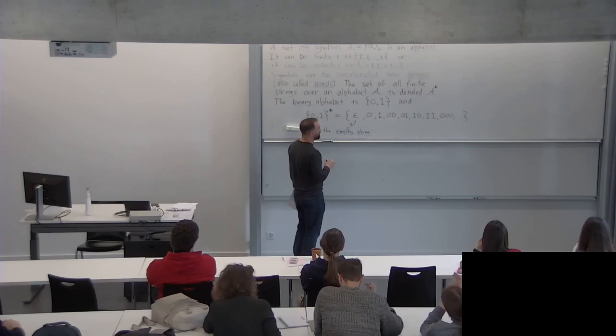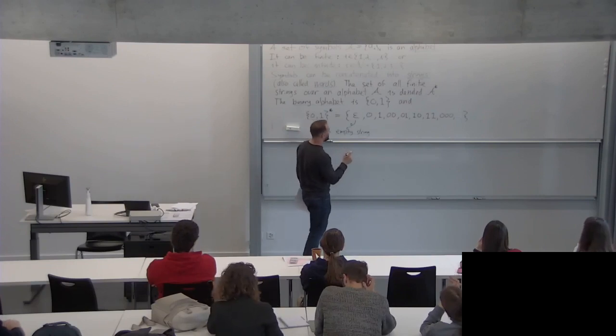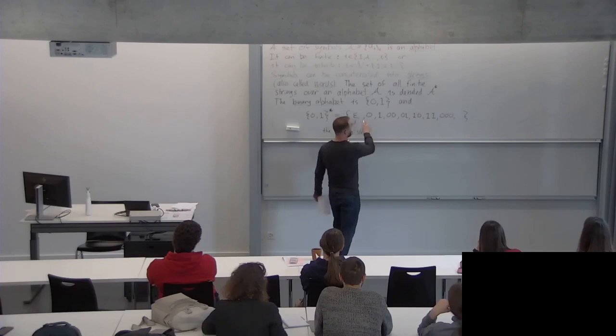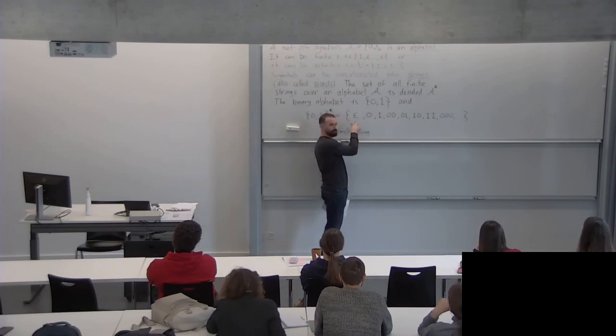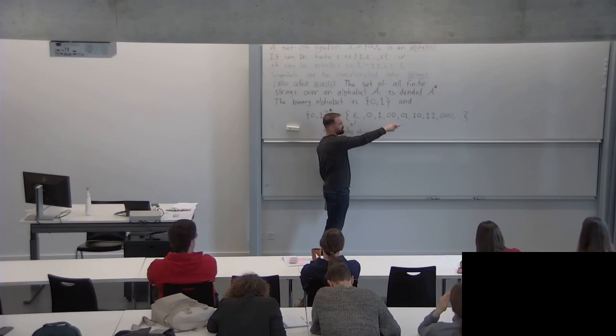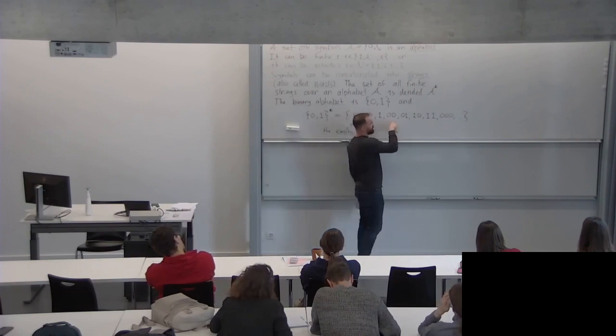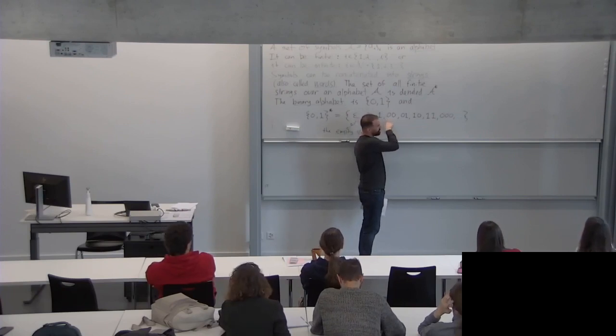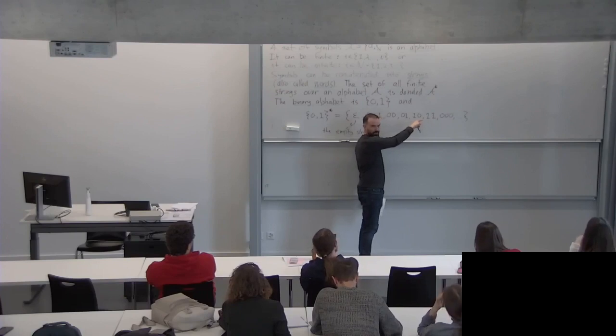Nothing. Another comment I want to make is about that very ordering here. I start with strings of length 0, then strings of length 1, and strings of length 2, and within each fixed length, like for the strings of length 2, I define a sort of alphabetic order. I decide that 0 is the smallest, and that defines the rest of the order.